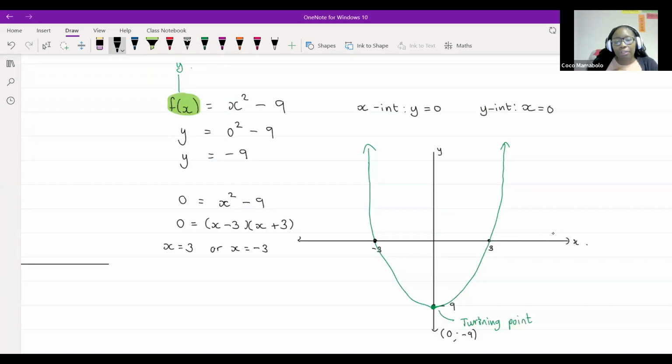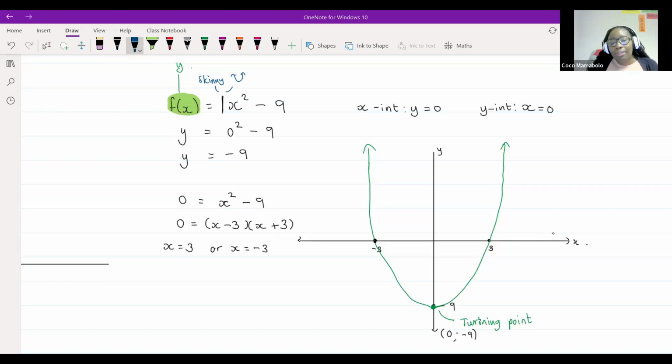Let's see if this checks out, right? I know that the value in front of x squared is 1, so 1x squared. That tells me that I should have a skinny graph, even though ma'am didn't draw it very skinny. And it should smile at me. And look at that. My graph smiles at me.